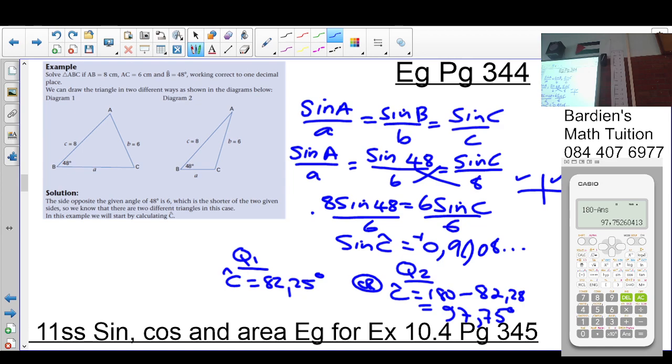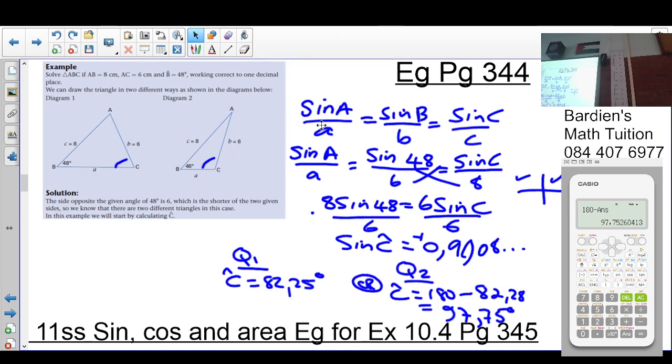If the angle is acute, as in diagram 1, then C will be acute. Otherwise it could be an obtuse angle as well.